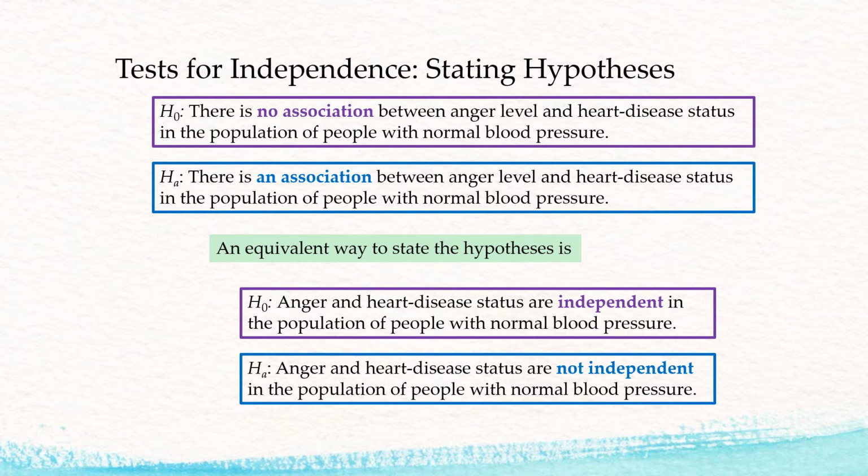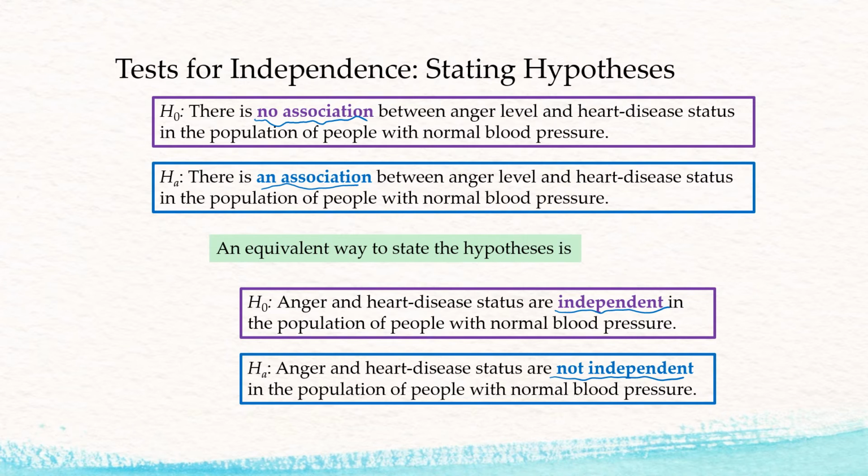So for the null for this one, I would say anger and heart disease status are independent in the population of people with normal blood pressure. And then the alternate is anger and heart disease are not independent in the population of people with normal blood pressure. So if you'll notice, for the association here, I used the word no, and then I said there is an association, but here I use the word independent, and then I use the word not, right?